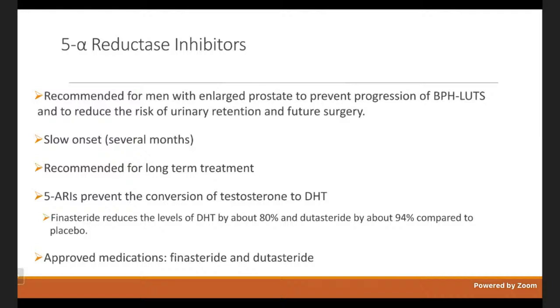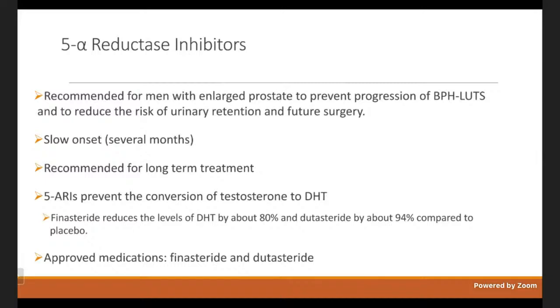As I already told you, the second line of drug which is used is 5-alpha reductase inhibitors. This prostatic enlargement is a hormone-dependent change. So when we give a 5-alpha reductase inhibitor, it prevents the conversion of testosterone to dihydrotestosterone. Dihydrotestosterone is the end product, an active metabolite of testosterone, which stimulates prostatic growth.